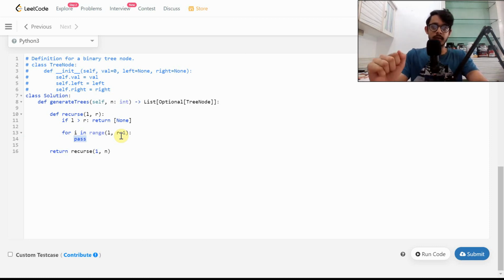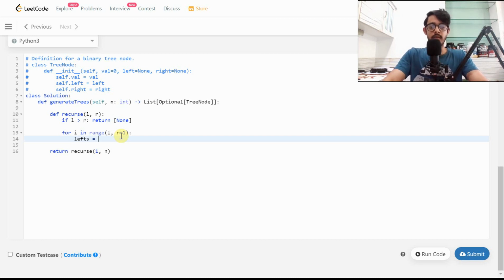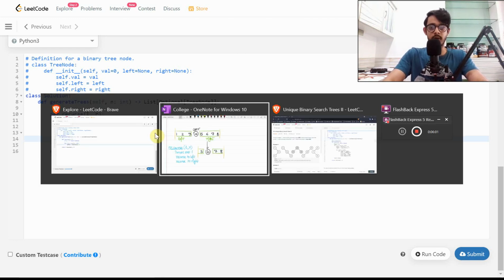Now what? Well, you have the current index in hand, which means anything to the right and left of it needs to be considered. So we'll have lefts as the left subtree, which is going to be recursion of what now? We're going from L, sure.